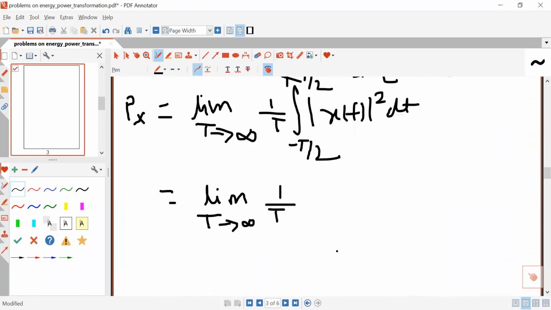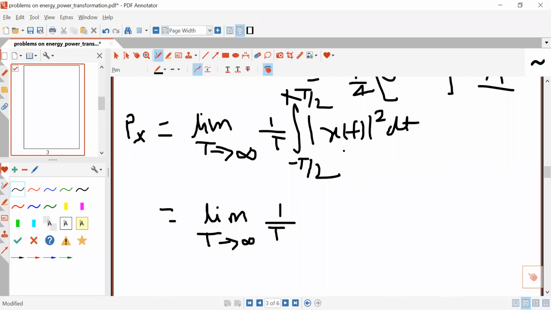So the role of this u(t) will change the limit of integration.